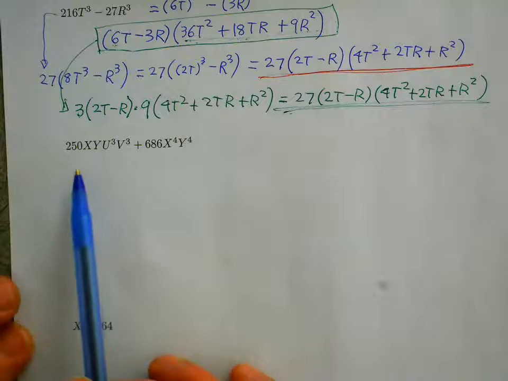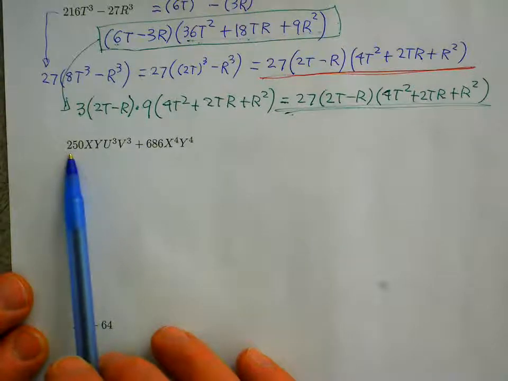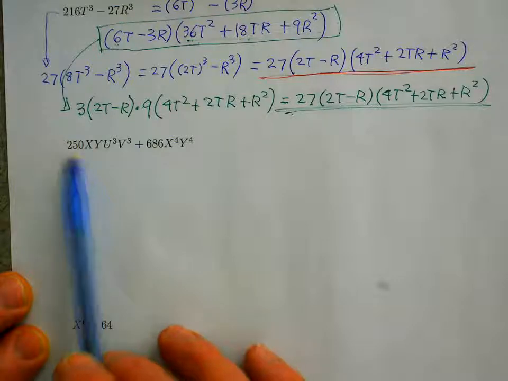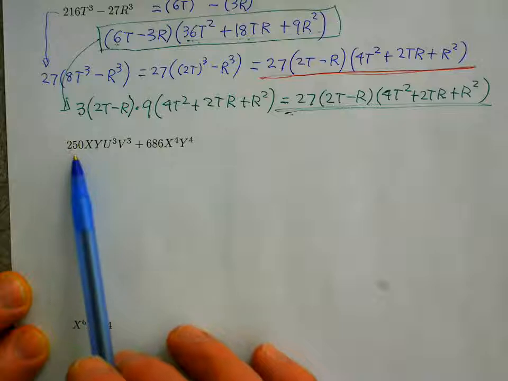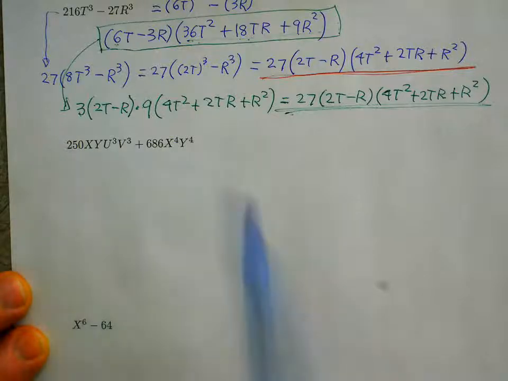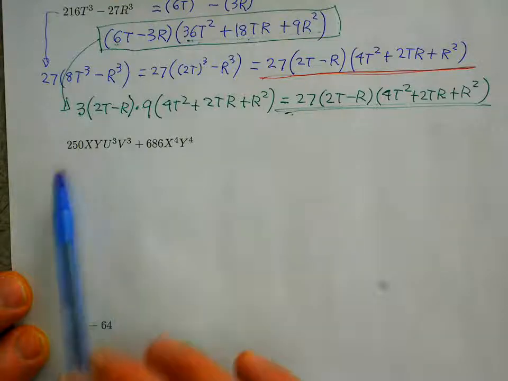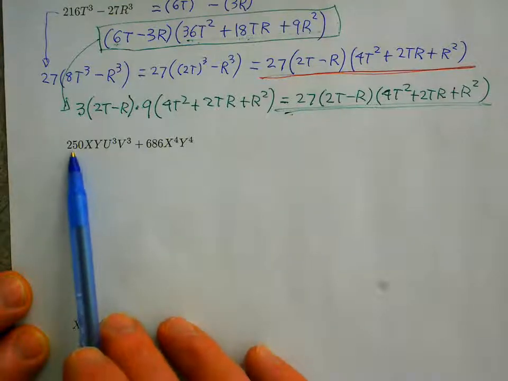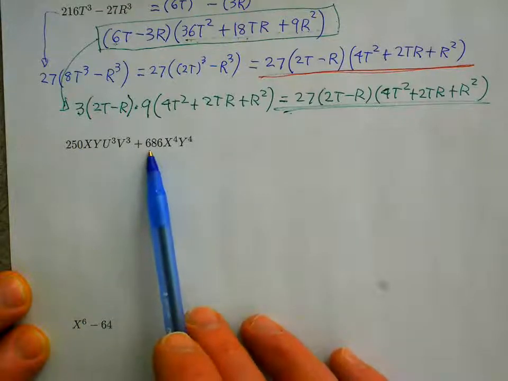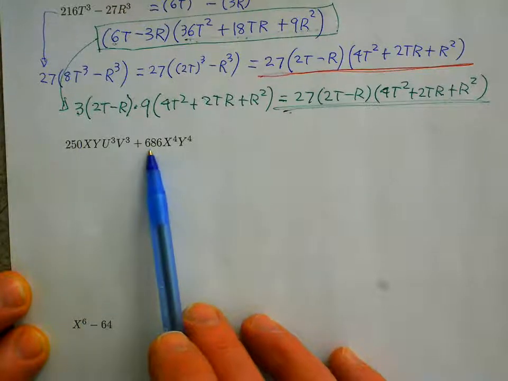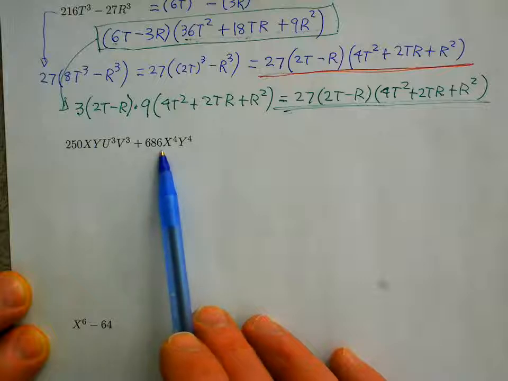Okay, let's see if we can find the greatest common factor when comparing the numerical factors, 250 and 686. They're both even, so 2 goes into both of those numbers at least. 2 is a factor. 2 times 125 is 250. 2 times 343 is 686.